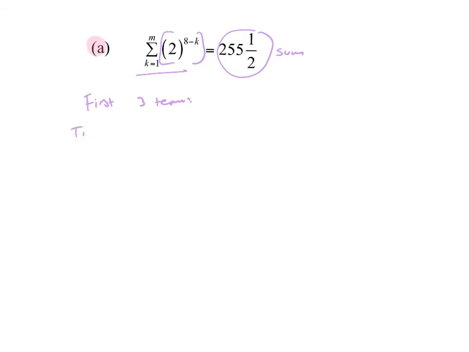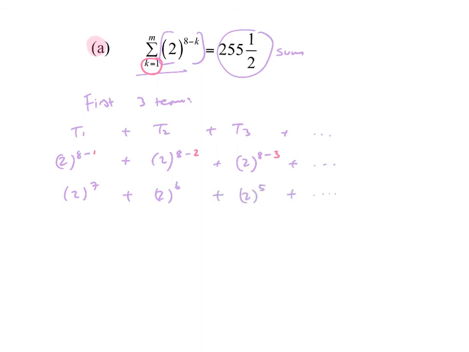So that will be term 1 plus term 2 plus term 3 plus, so term 1 is 2 to the power of 8 minus 1, since the lower bound starts at 1, plus 2 to the power of 8 minus 2, and then it goes up by 1, so plus 2 to the power of 8 minus 3, plus, so that will be 2 to the power of 7 plus 2 to the power of 6 plus 2 to the power of 5 plus and so on.